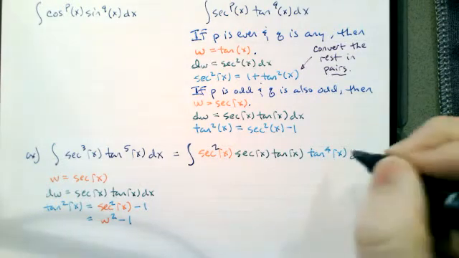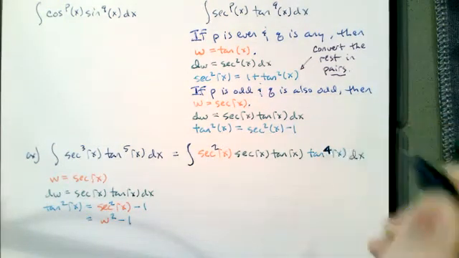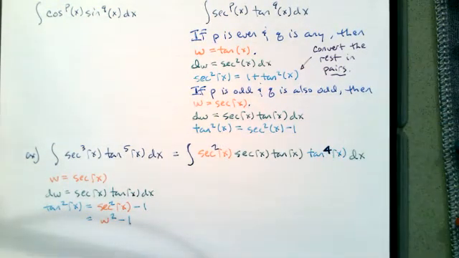So I'm splitting up the secants. I'm saving one secant to be the dw and one tangent to be the dw. Now I can make the substitution w equals secant, and I have an even power of tangent that I can convert.